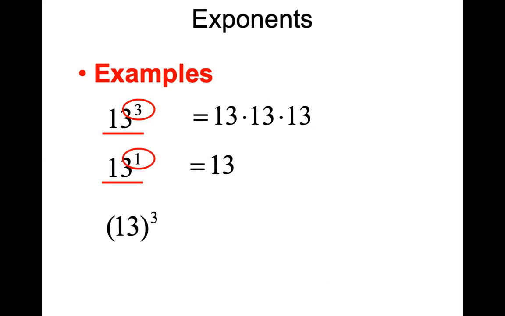Okay. If you have a set of parentheses, here's your first one you got to be careful about. Is this 3 on the inside or the outside of the parentheses? So therefore, what's the base? It's not 13. It's the parentheses that I need to write 3 times. But what's on the inside of the parentheses? So therefore, I'm going to write parentheses 13 3 times.